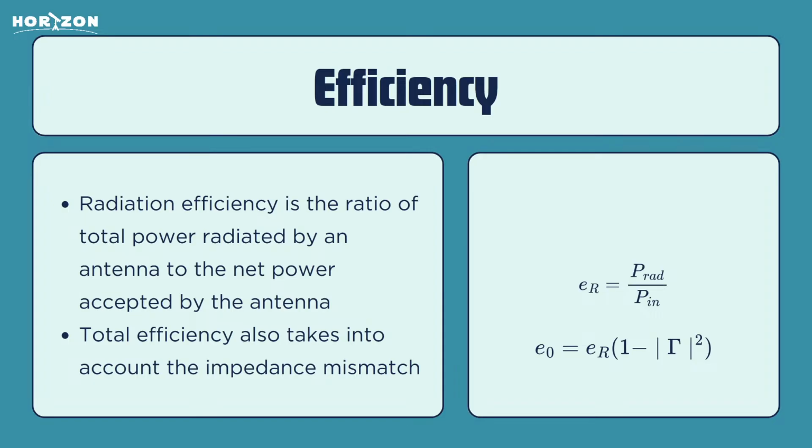The total efficiency takes into account the impedance mismatch as well. So the total efficiency is the radiation efficiency multiplied by this factor, where 1 minus mod gamma square is basically a measure of how much energy is left after reflections.